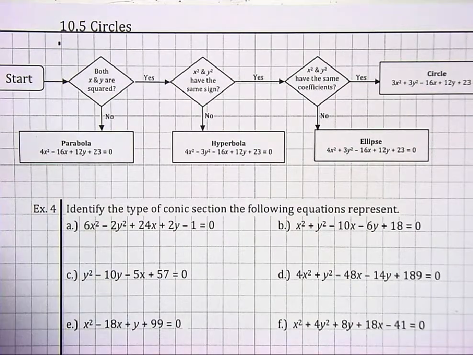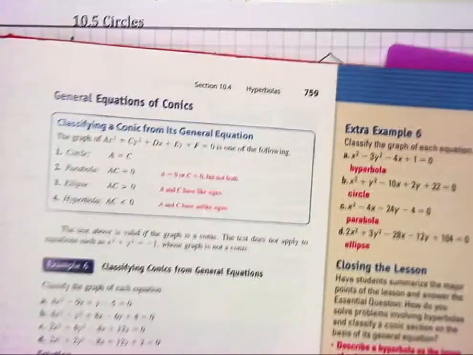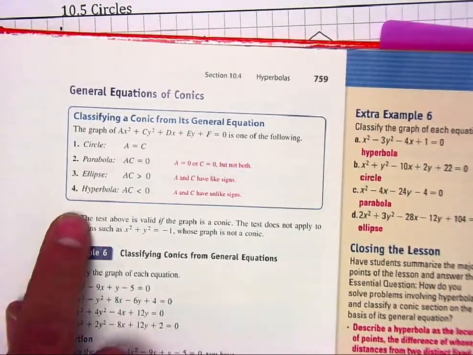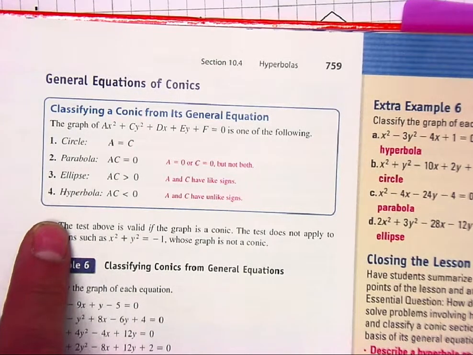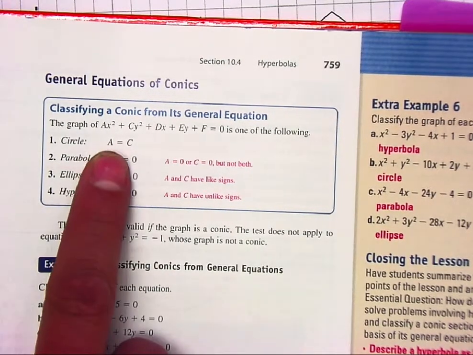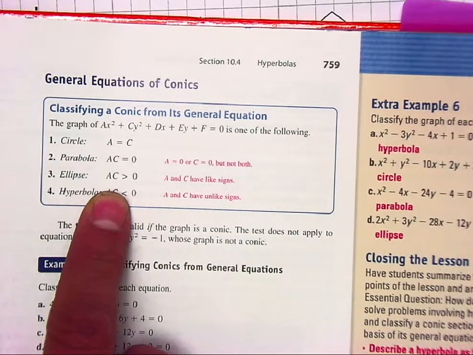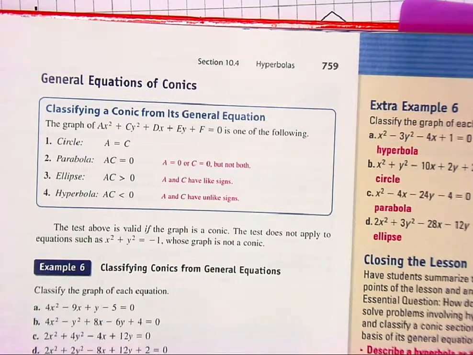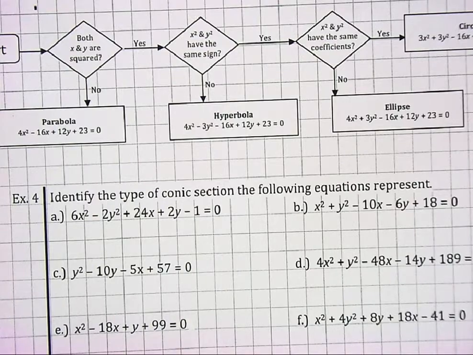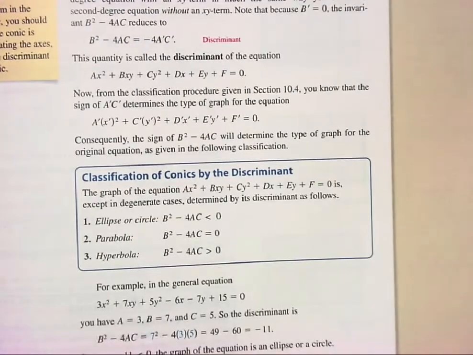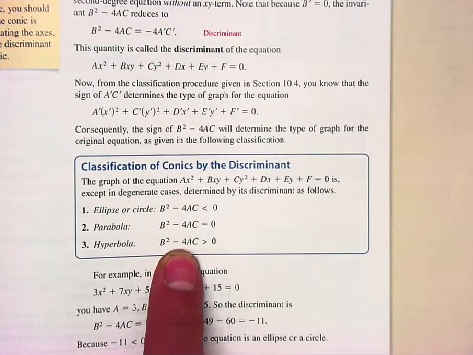The book in section 10.5, when they cover hyperbolas, also has a section on classifying conic sections, where they compare the values of A and C to determine what type of conic section it is. Some other books use something they call the discriminant to determine what type of conic sections they are.